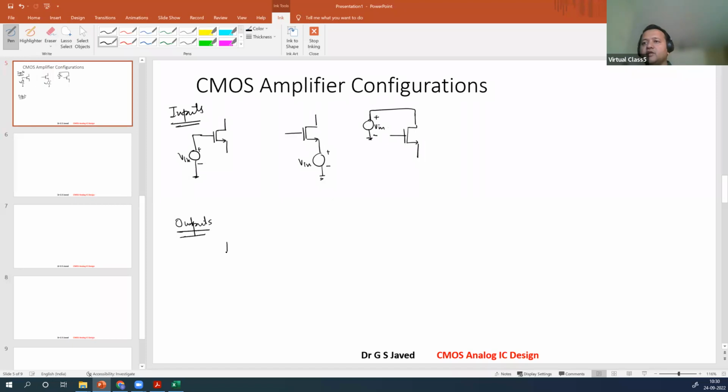So where all can we connect the outputs again? So the most common one that we will observe is at the drain. So you can connect the V out here. Next, we can connect it at the source. V out. Lastly, we will connect it at the gate. And typically we do not write like this.